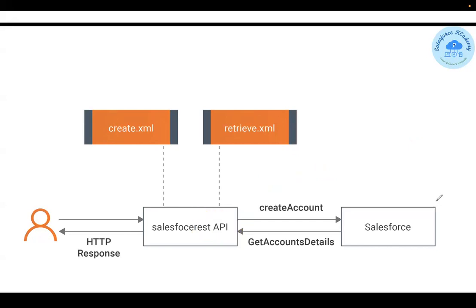I hope you got this point, right? Just remember one thing: API is nothing but a medium for two different softwares or applications to talk to each other via programming. That means you write a code or you configure something, then it sends and receives the data between two different applications.